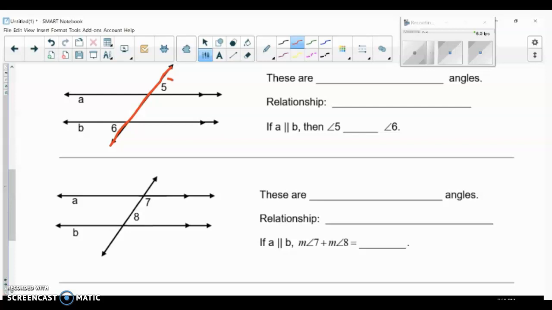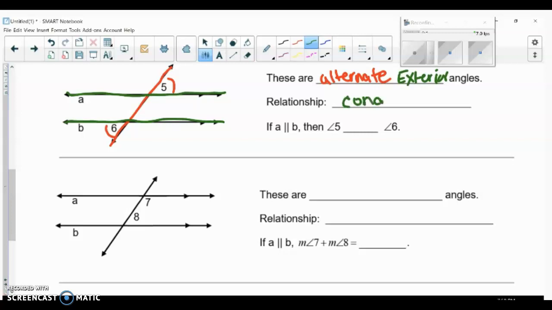Alright, but let's move on just a little bit. Angle 5 and angle 6, we have a pair of alternate exterior angles, right, because they're on the outside of the railroad tracks. We'll write it in a fancy green color, feeling a little Christmassy.